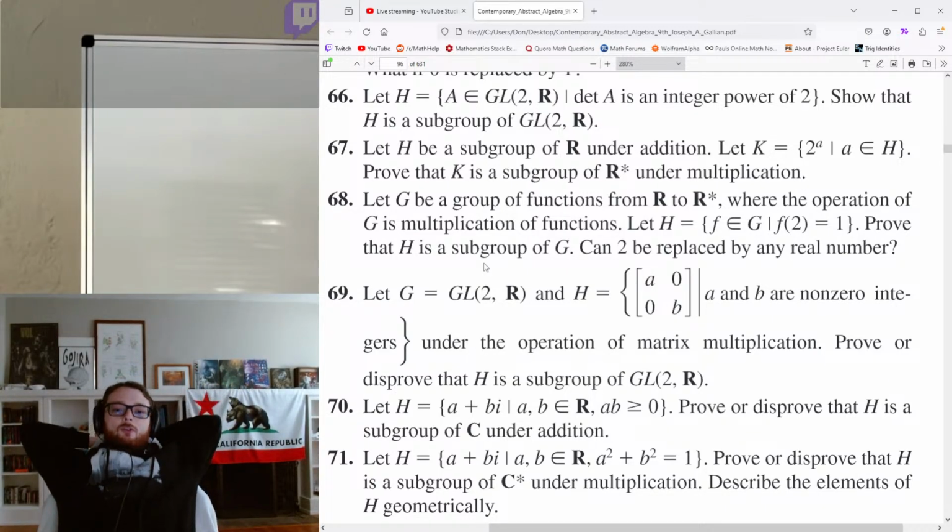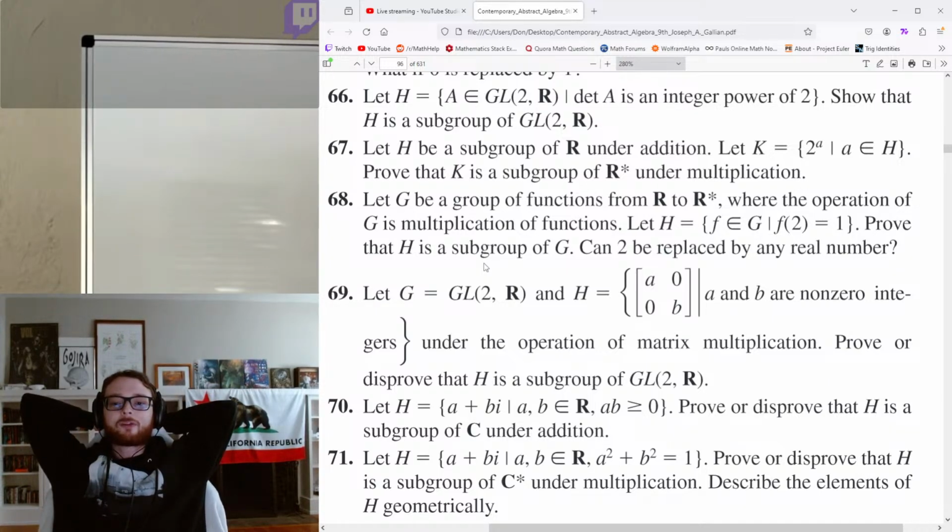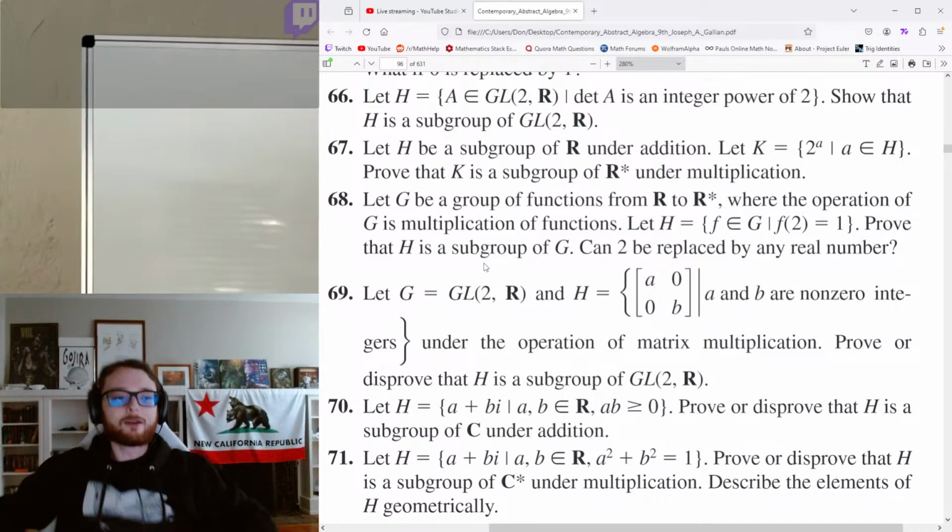Alright, let G be a group of functions from R to R star. Wait. Oh no, I saw Penn Center do this one. I don't think I did it though.